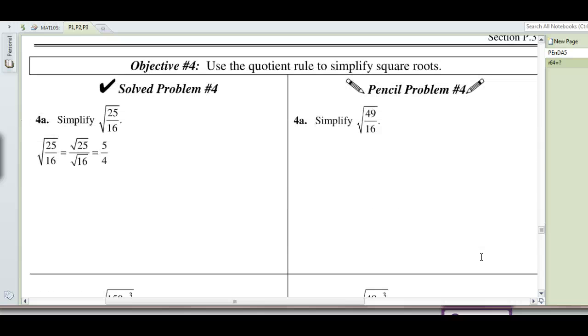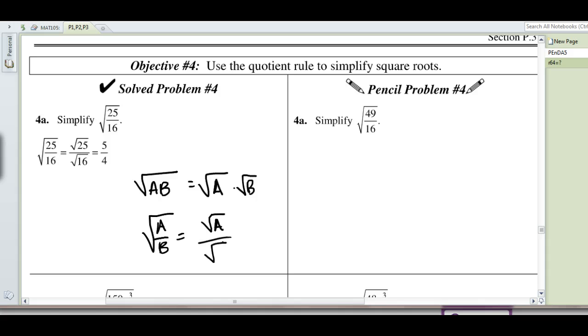Okay, square root of 49 over 16. So similarly to the fact that the square root of AB is the square root of A times the square root of B, we also have that the square root of A over B is equal to the square root of A divided by the square root of B. And that will help us take care of this next problem.